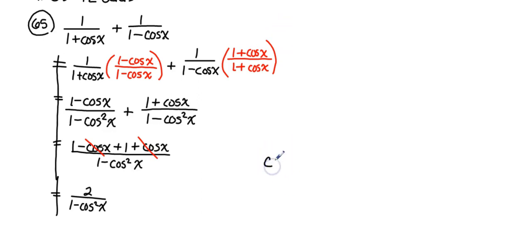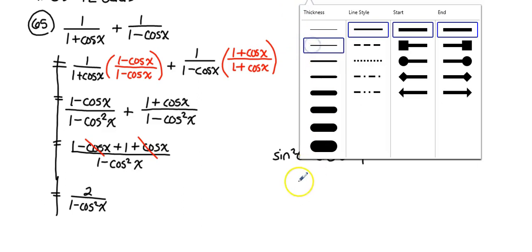So I write my Pythagorean identity over here, sine squared theta plus cosine squared theta equals 1. Now I'm looking to acquire a version of this identity that says 1 minus cosine squared of x equals something. And if I check this out, I'm actually super close.